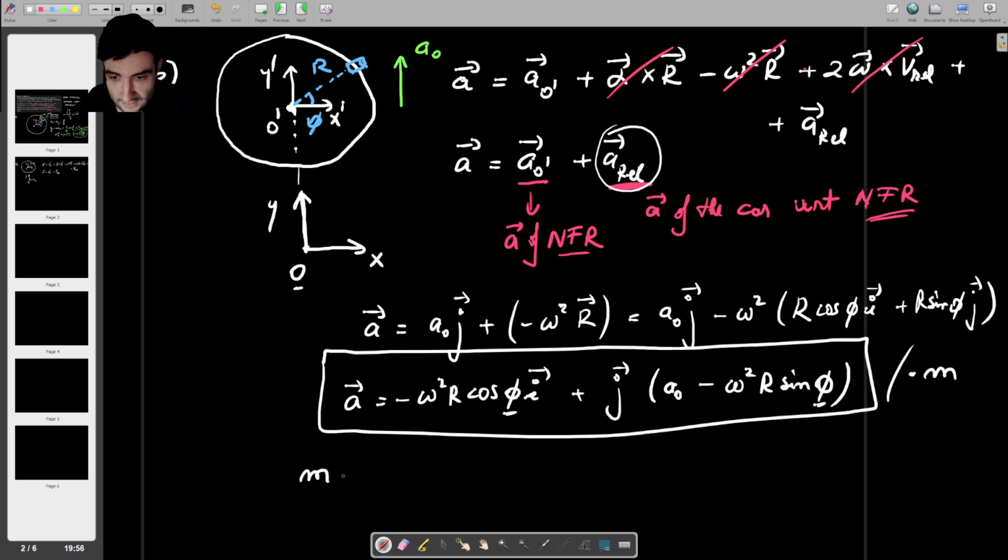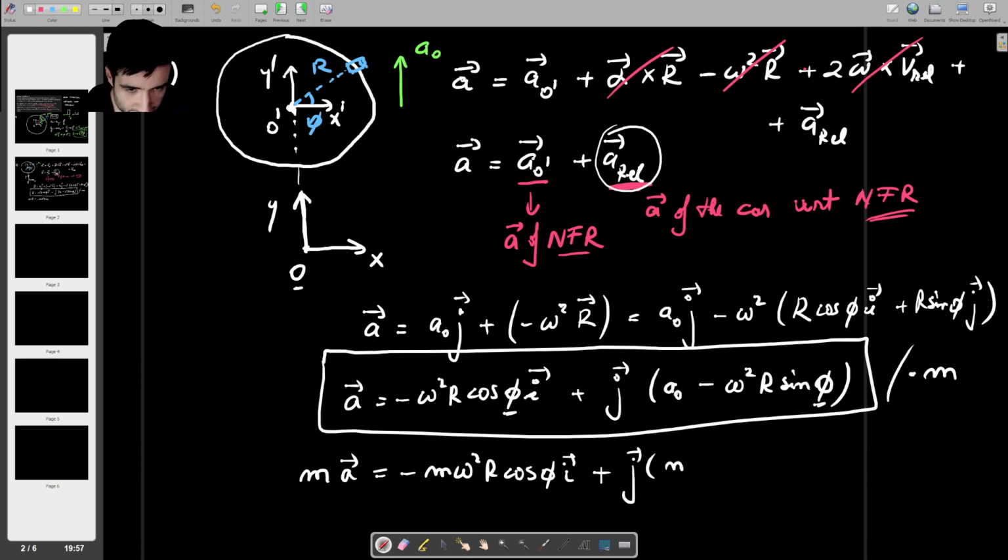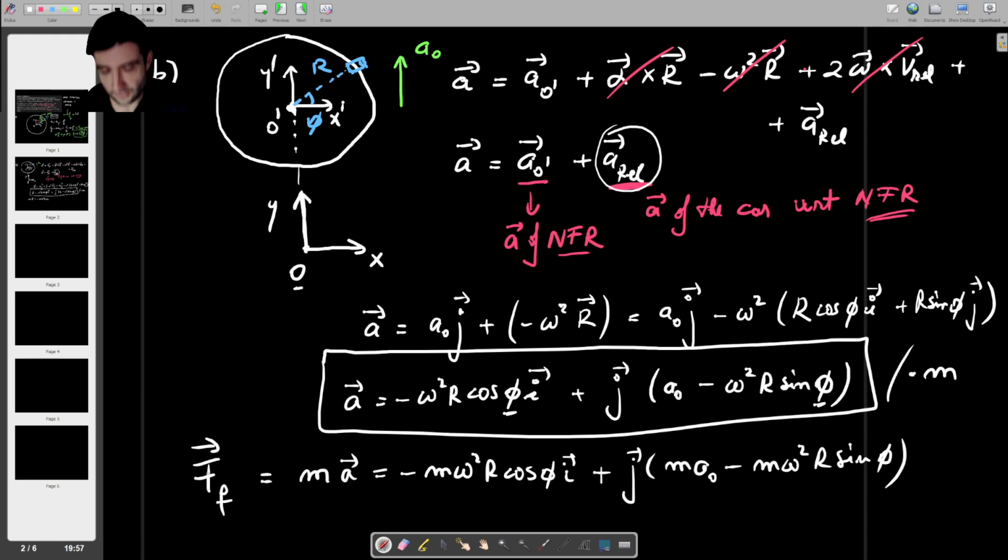So we say that m a is equal to minus m omega squared r cosine of phi times i plus j, and then we have m a0 minus m omega squared r sine phi, and this is purely the friction.